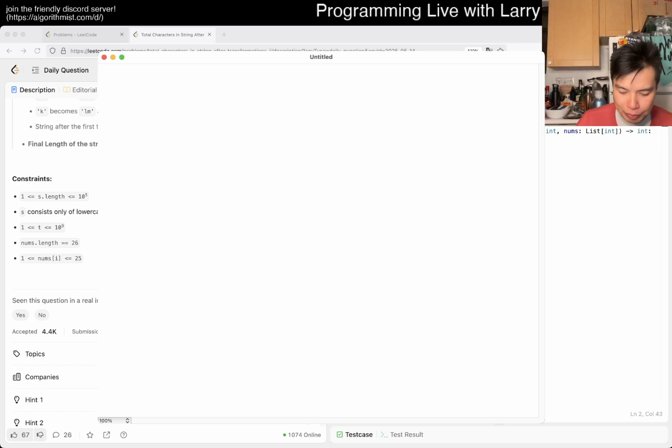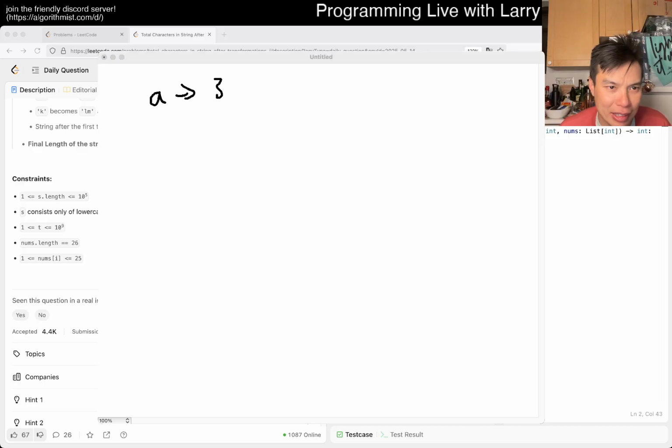But let's just say we start with 3 variables, right? So instead of A to Z, we just start with A to C. Let's say for the initial string, A is converted to 3B and 1C or something like that.